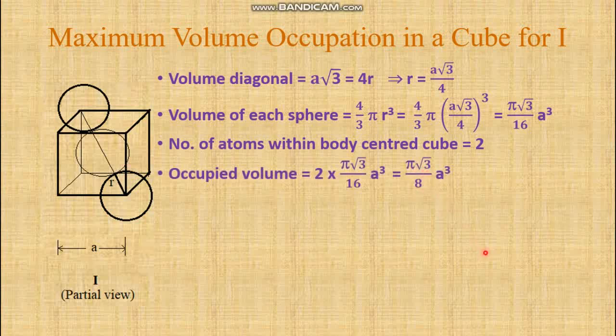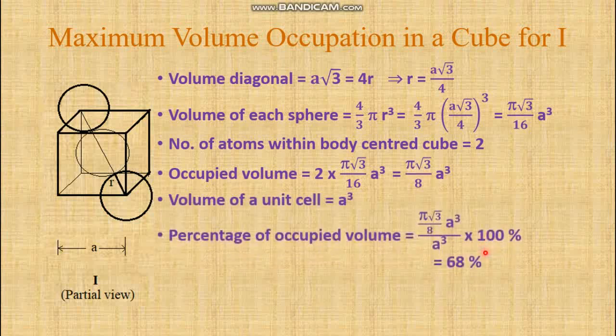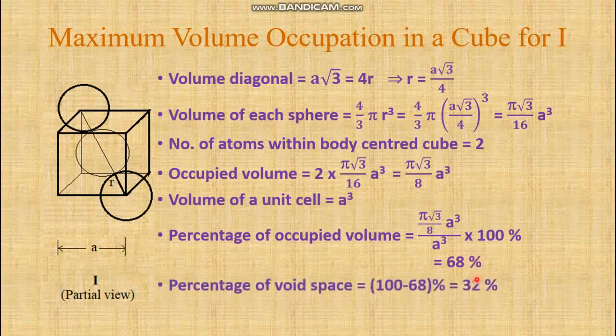If it is divided by the volume of the cube, a cube, then you will get the fraction of volume occupation. And if you multiply this by 100, then you will get the percent occupancy of volume. And if you subtract this from 100, then you will get the void space. So the volume occupancy is 68% and the void space is 32%.